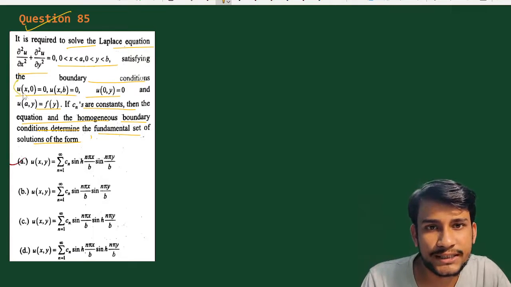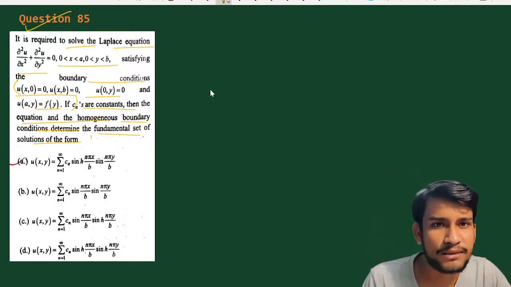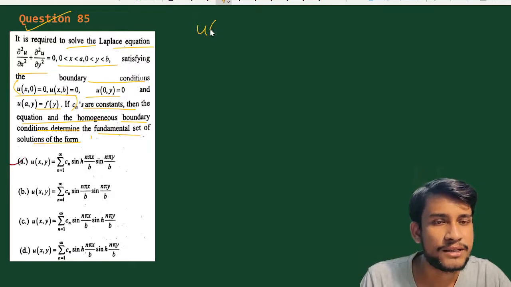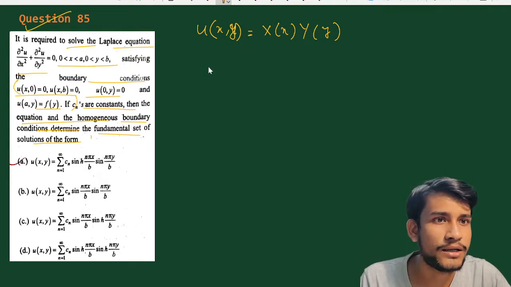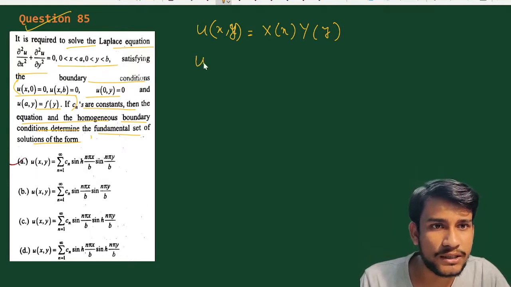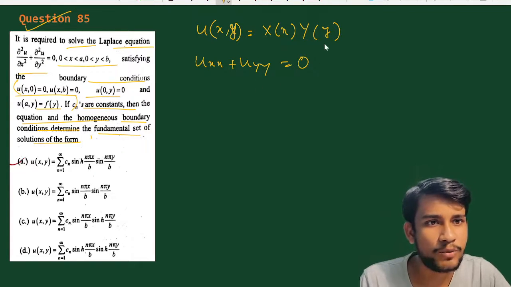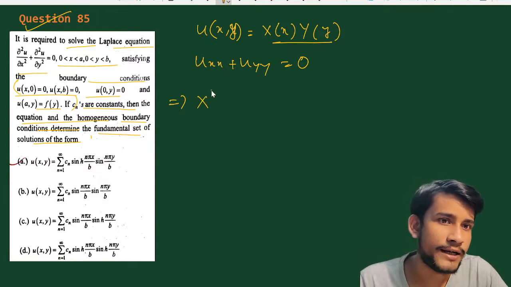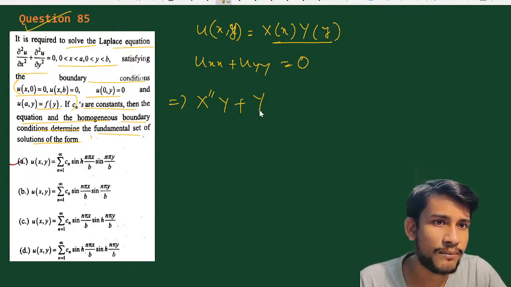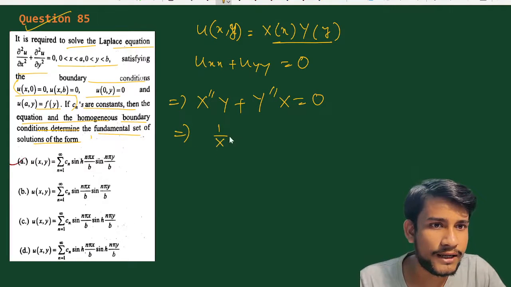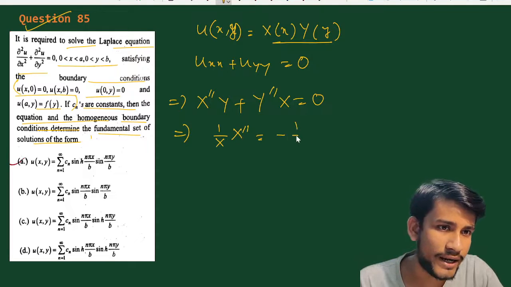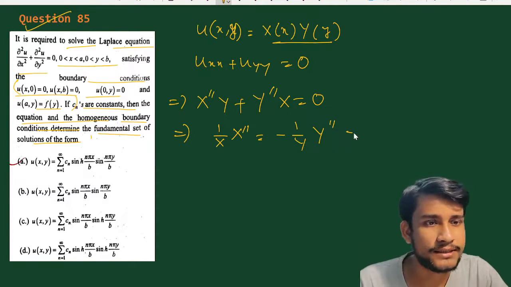देखो ये जो कंडीशंस गिवन है इस कंडीशंस हम लोग कैसे अप्लाई करते हैं. First let us apply separation of variables. Okay, u(x,y) is equal to X(x) into Y(y). Clear? So now put the value. The equation is u_xx plus u_yy is equal to 0. If we put this value, we get X double dash Y plus Y double dash X is equal to 0, and now we get 1 by X into X double dash is equal to minus 1 by Y into Y double dash, which is equal to a constant, suppose mu.